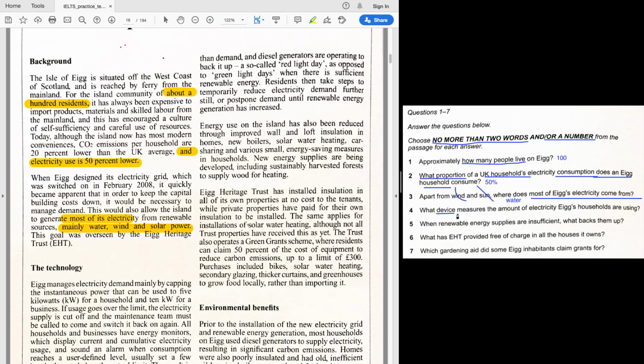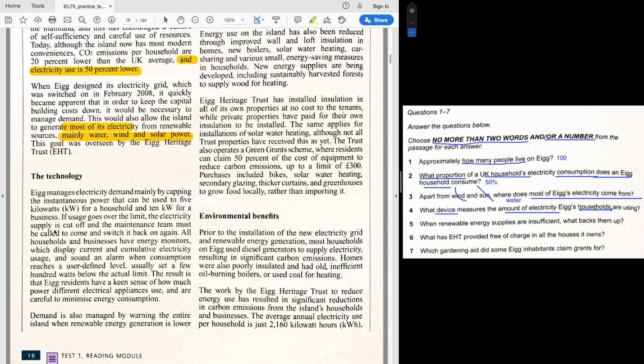All right, number 4, what device measures the amount of electricity households are using? Let's check it out. Device is the keyword. All households and businesses have energy monitors which display current and cumulative electricity usage.